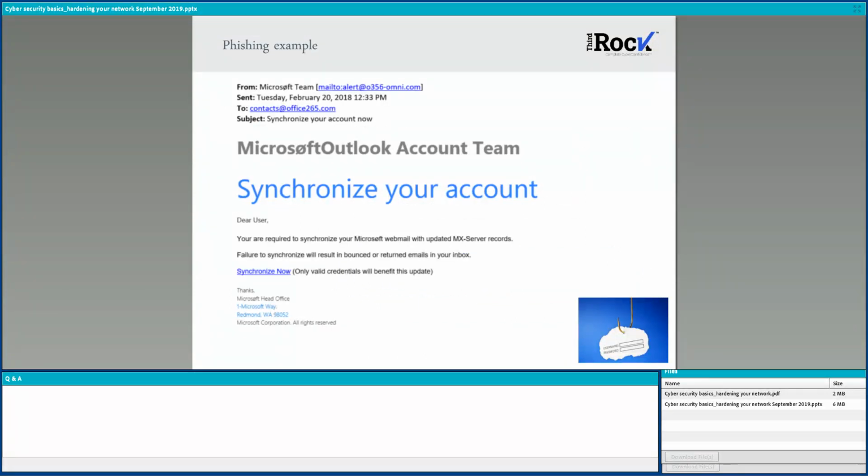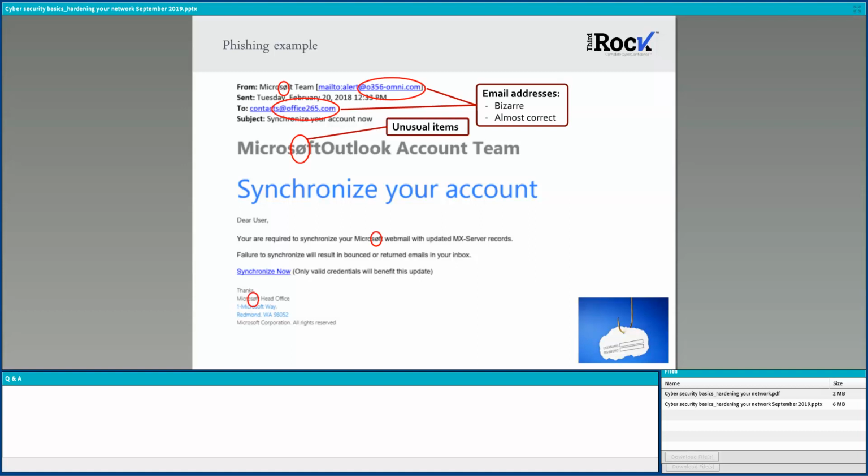Here's a phishing example that we received in our office. This one's a particularly bad example because it's so flagrantly poorly written. If you look at the email addresses, they're not logical for Microsoft. Office 265 doesn't make sense.